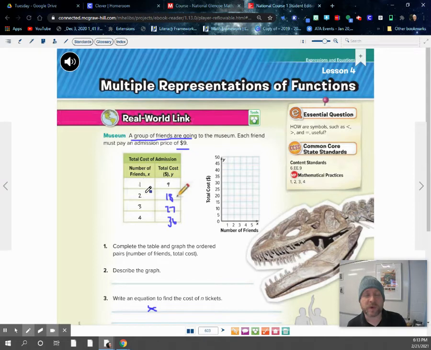Well, this is 9 times 1. 9 times 2 is 18. 9 times 3 is 27. 9 times 4 is 36. So 9 times my X value is going to equal my Y value. Or sometimes you'll even see the fancy guys on YouTube say the function of X is 9X. The function of X is just another fancy way to say your Y value.